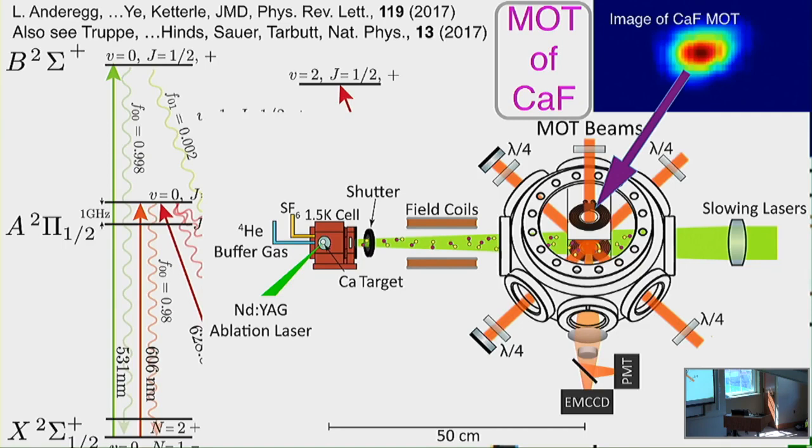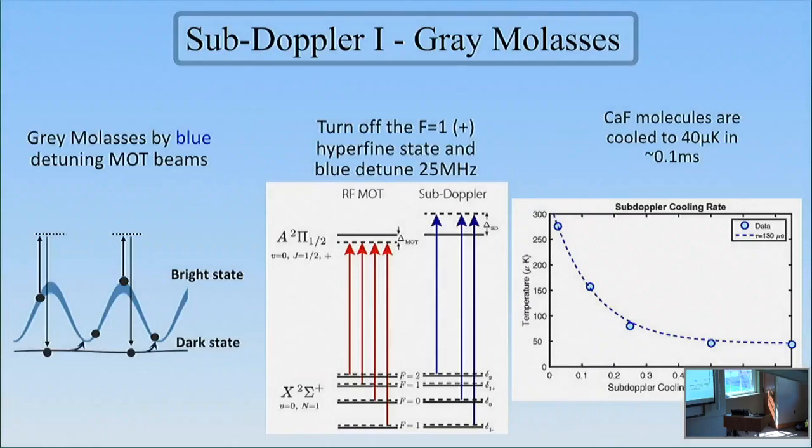Okay, so with that background, you've got them in a MOT. Next thing to do is to do gray molasses, right? Does gray molasses work for these molecules? Yes. It basically behaves like an atom.